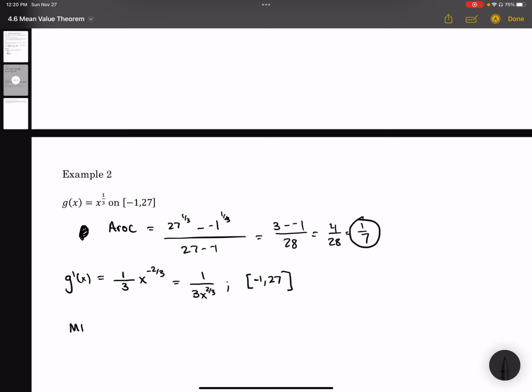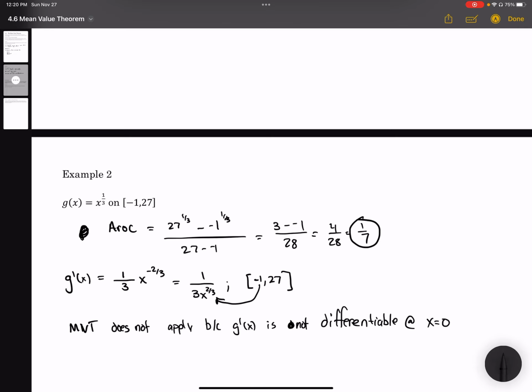Here, the mean value theorem does not apply because g prime of x is not differentiable. So it's not differentiable, which means the derivative doesn't exist at x equals 0. Like, we can't substitute 0 in here.